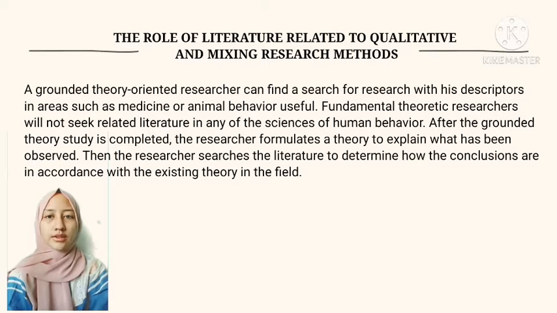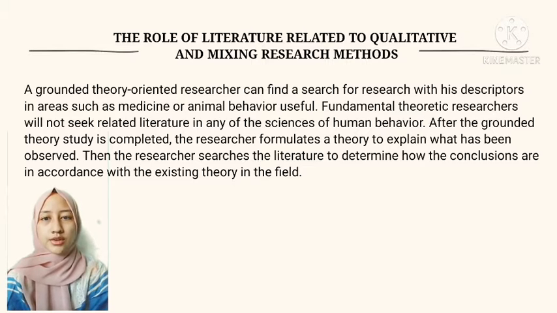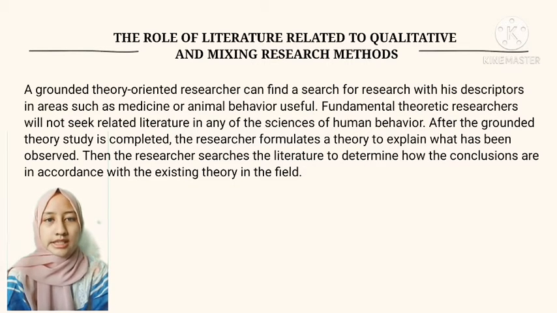Slide 2. The role of related literature in qualitative and mixed research methods. For a grounded theory-oriented researcher, a search for research with descriptors in areas such as medicine or animal behavior can be useful. Fundamental theoretic researchers will not seek related literature in any of the sciences of human behavior.